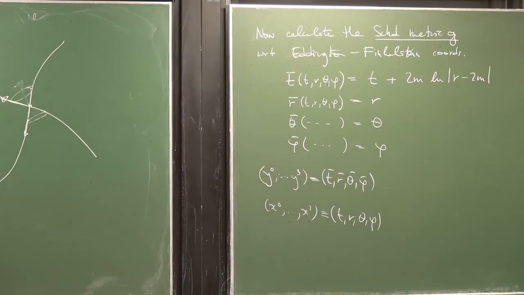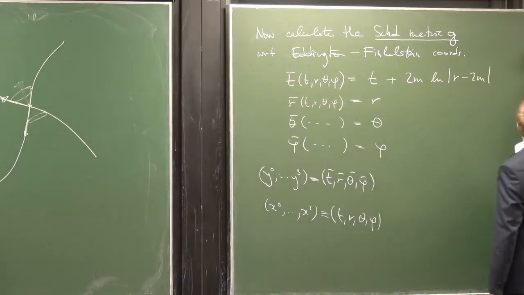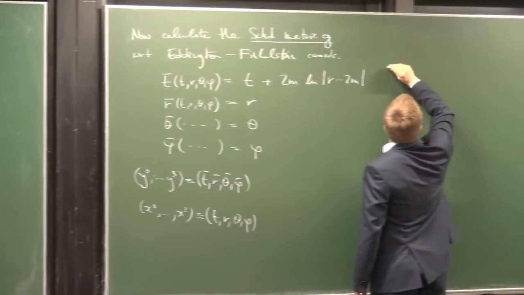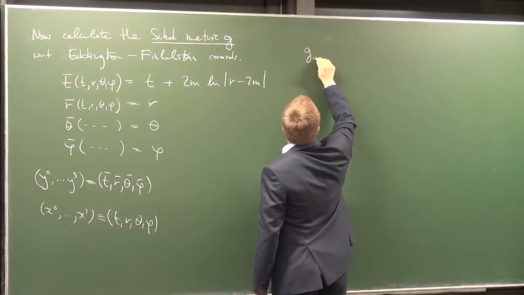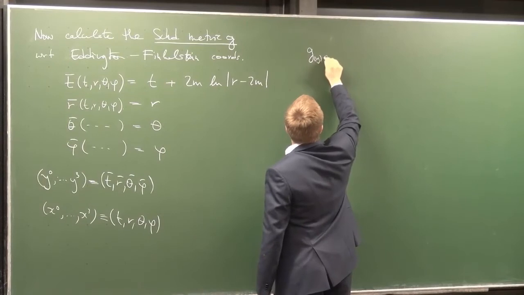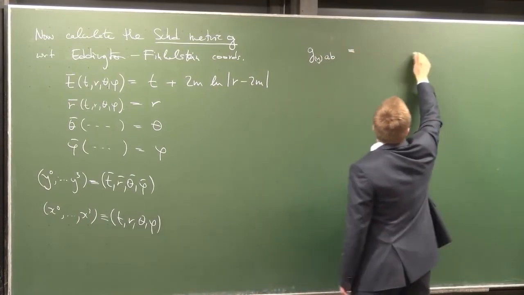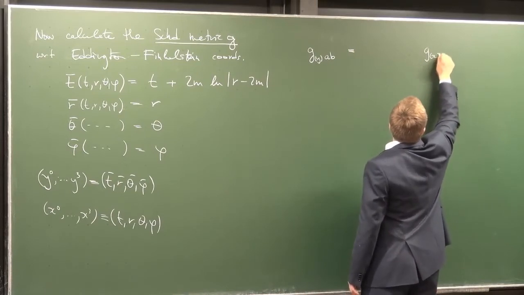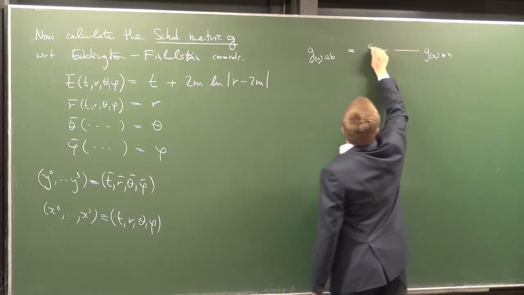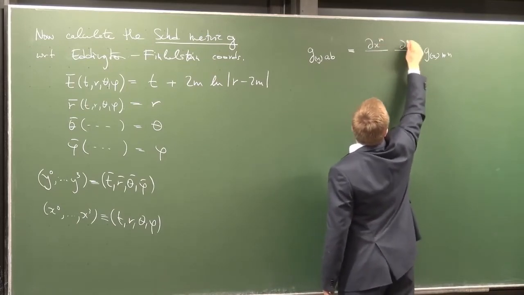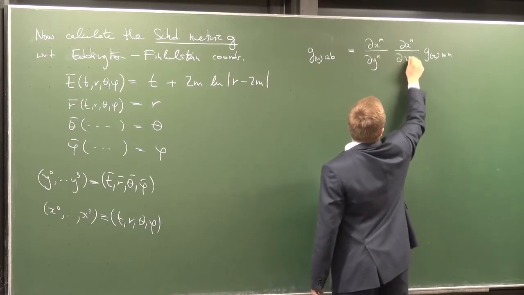So what do you need to do if you want to know the new components? If you want to know the components g in the Y system, that's the new system, the ab-th component, well, you better take the component mn in the X system, and you do dx^m by dy^a, dx^n by dy^b.